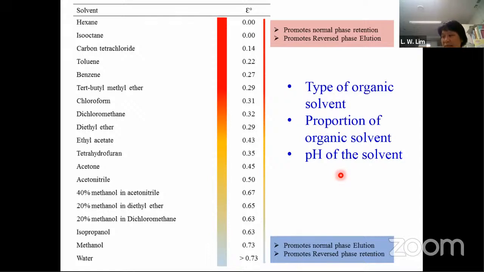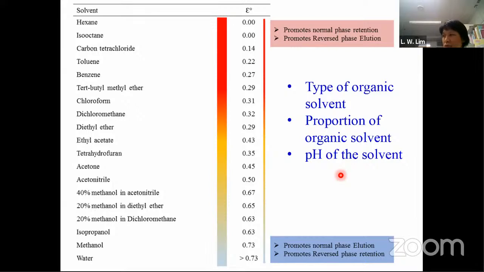The pH will be important when you need to separate weak ionic samples like vitamins. Vitamins are usually very weak, so you need a buffer to stabilize your sample.